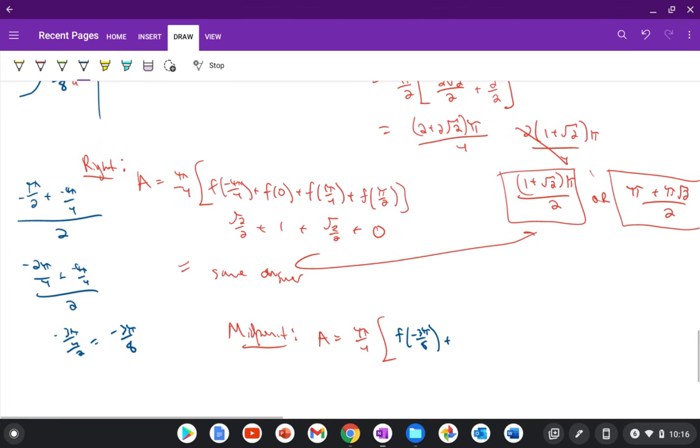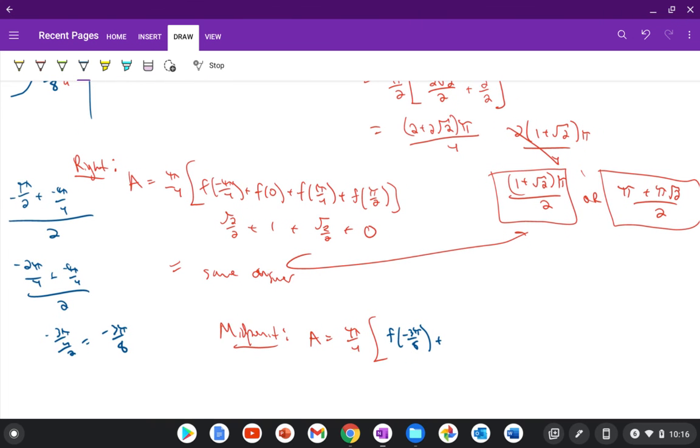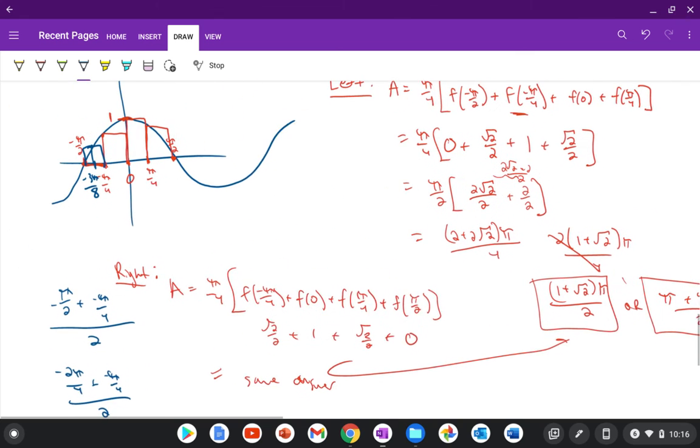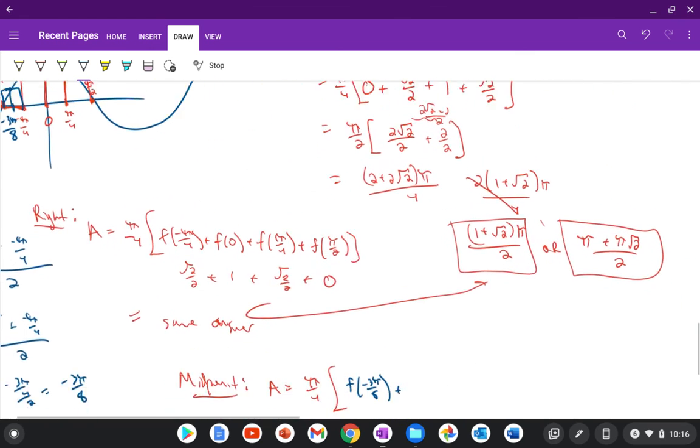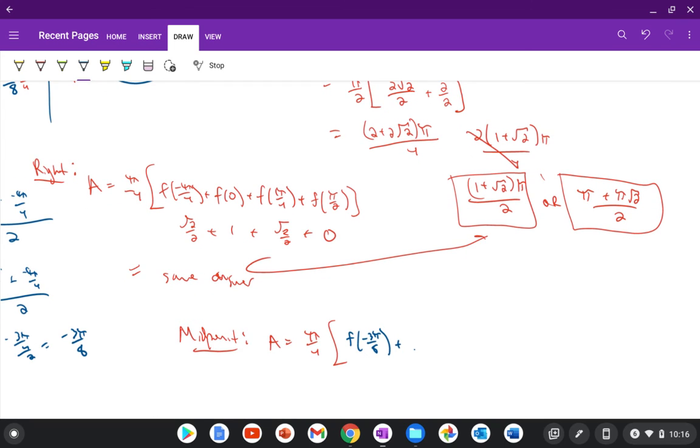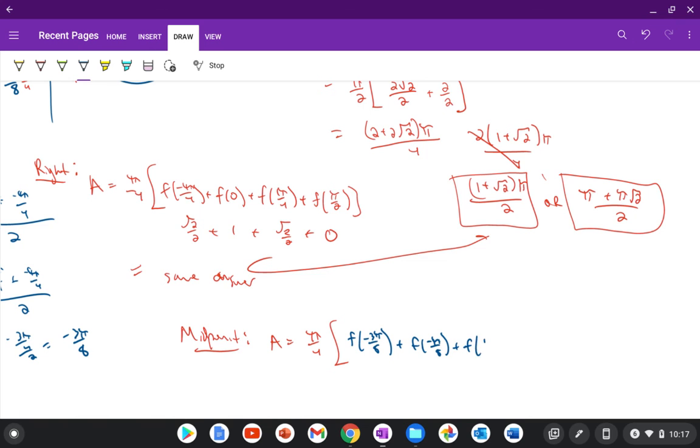Plus my next height. What you do is you add delta x to that. So if you add a pi over 4 to that, that's the same as adding 2/8. So that's going to be f of negative pi over 8, just negative 1 pi over 8. And then add 2/8 again, we get f of positive pi over 8.